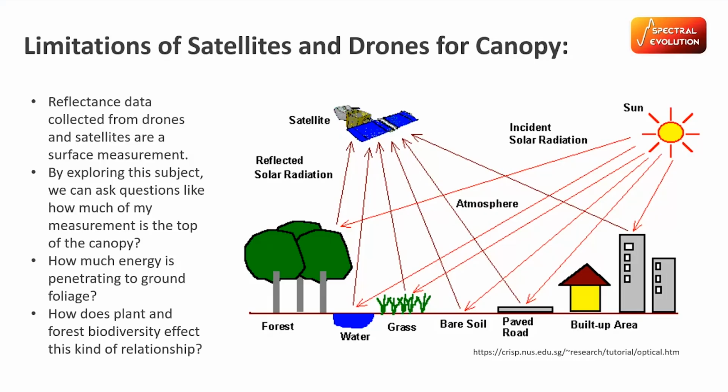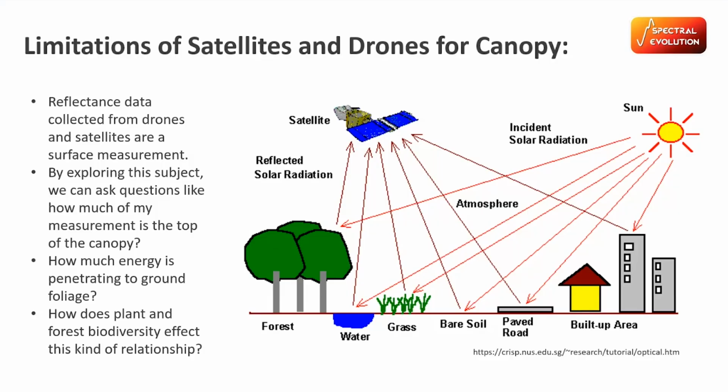There are other wavelengths that can penetrate canopy, but as far as the full range, using a field spectrometer or spectroradiometer would be the option to get sub-canopy measurements and characterize the energy balances there.